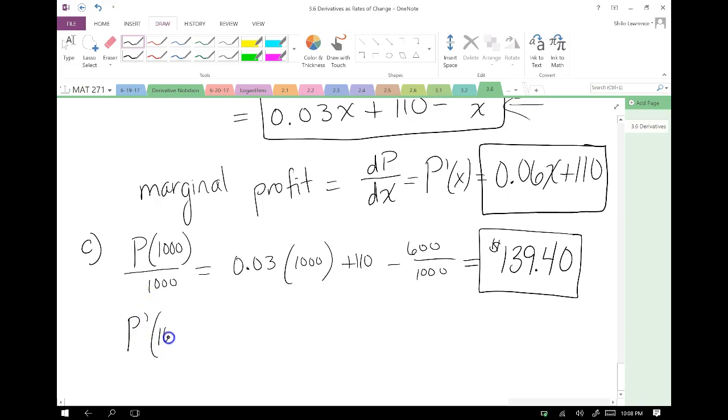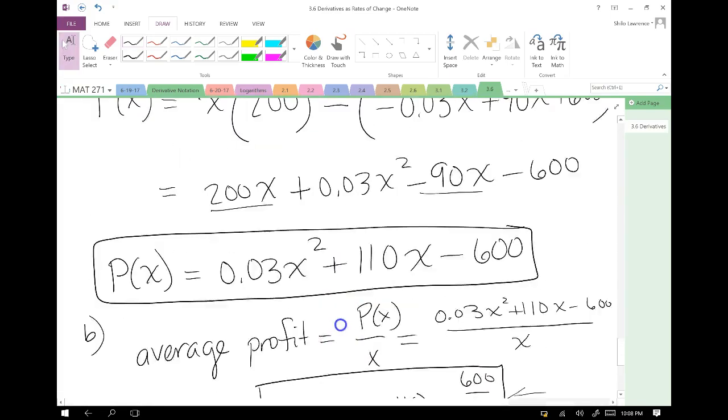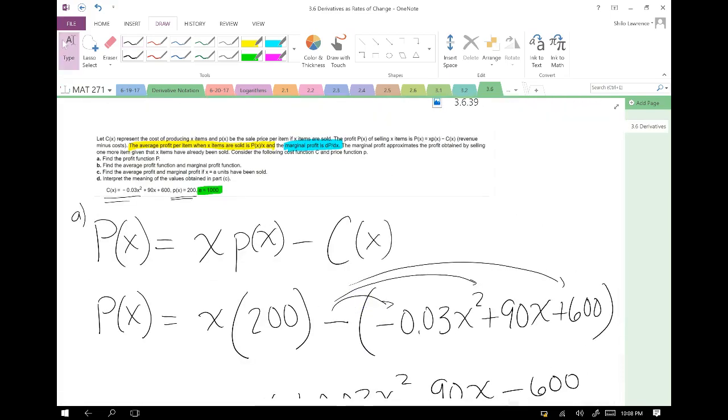P prime at 1,000, which is marginal profit, we're going to plug 1,000 into. I get 170. And then for part D, interpret the meaning of the values obtained in part C. So I actually want us to talk about what these two mean.